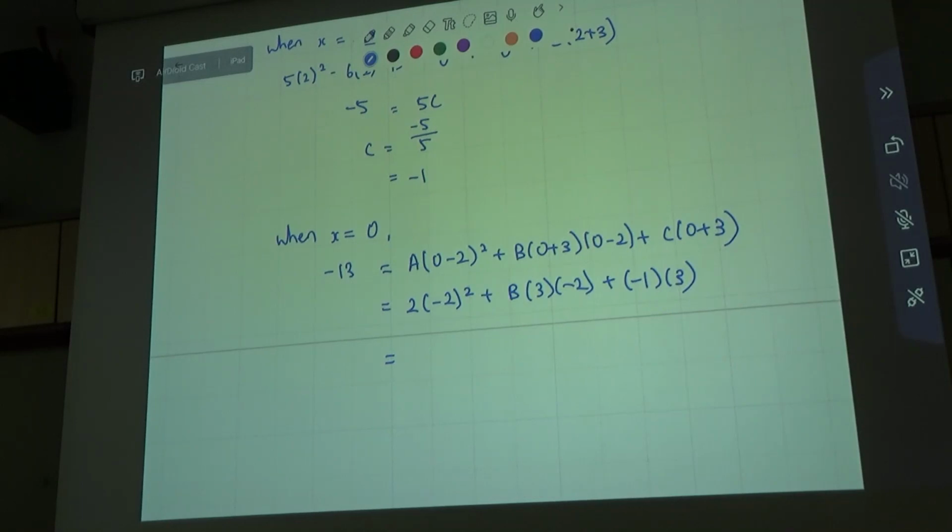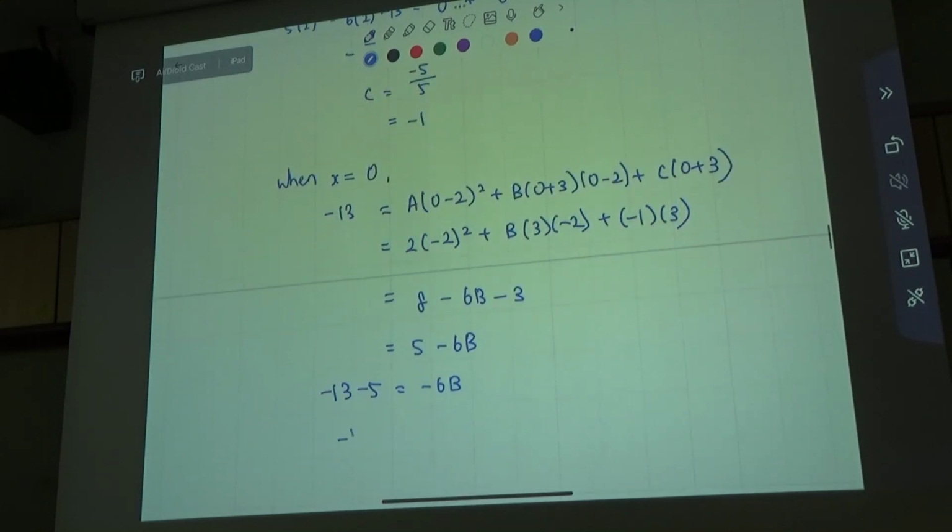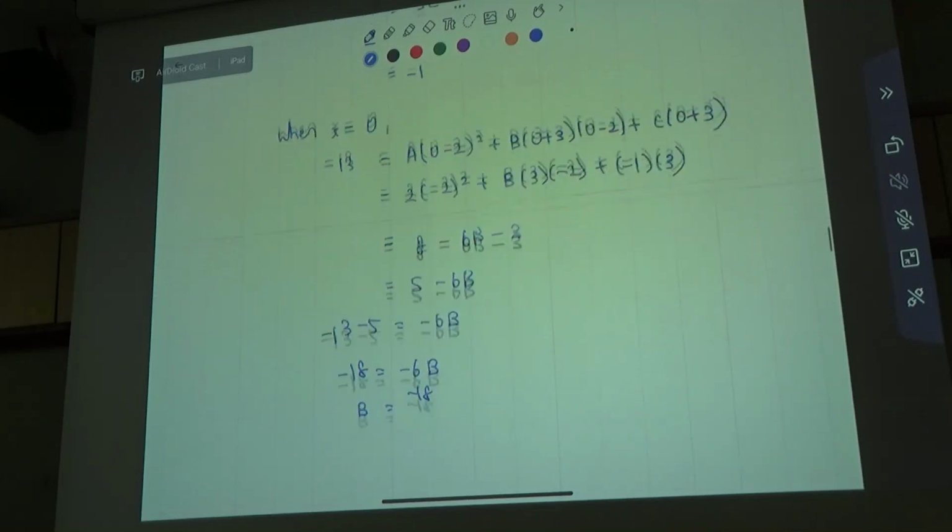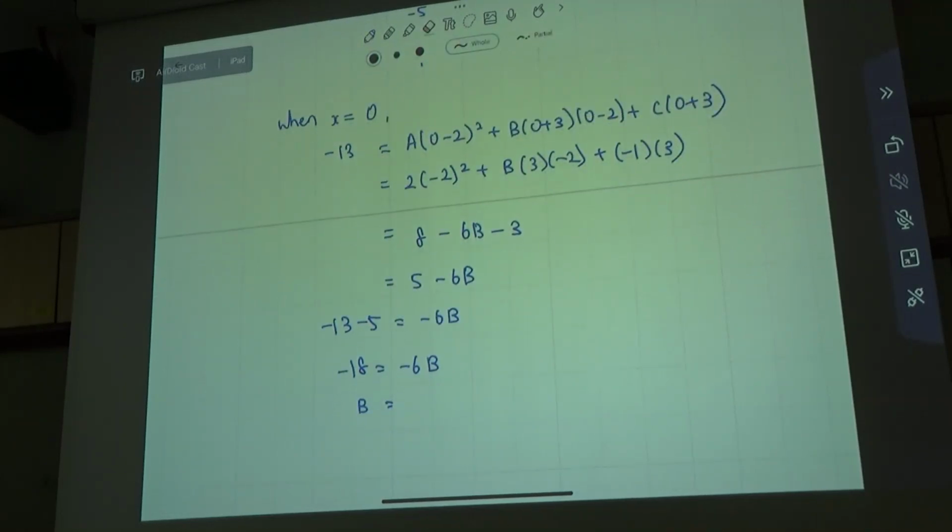We will be able to get here 8 minus 6B minus 3. So 5 minus 6B. And hence, -13 minus 5 equals to -6B. That is -18. And B is equals to -18 divided by -6, and we get 3.